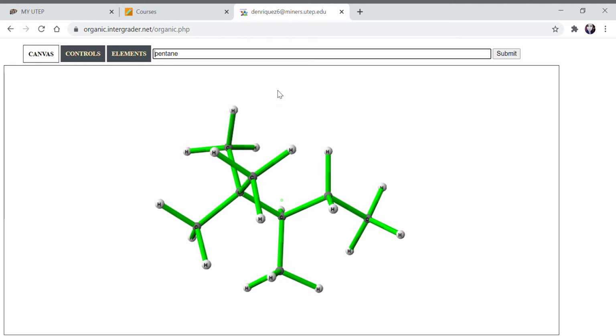So it would be 2,2,3 trimethyl pentane. And we've established that this is the highest priority, going to the second and third, which would make it R 2,2,3. Let's see if that's right.